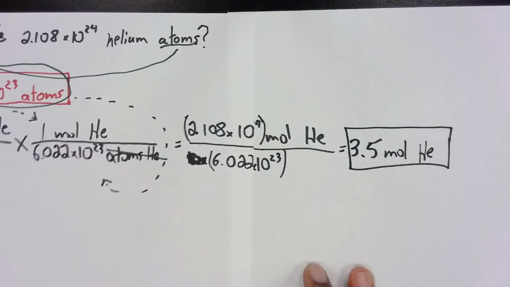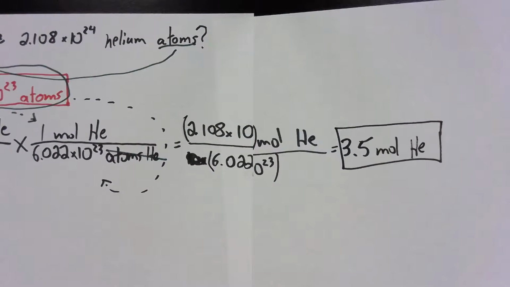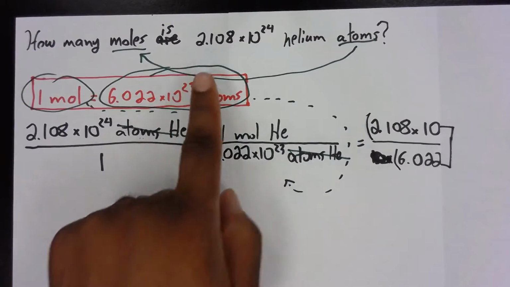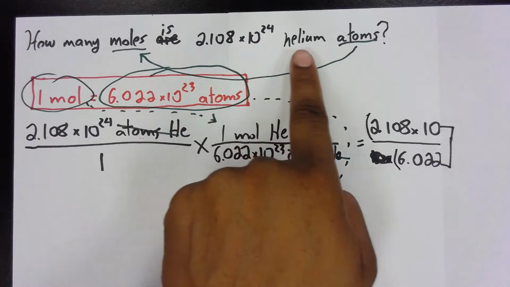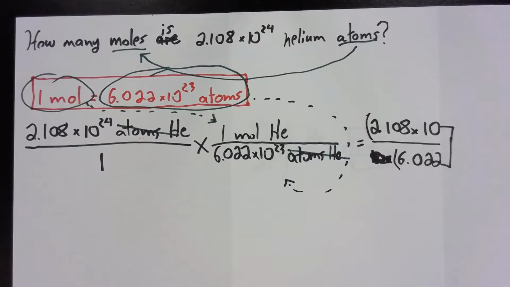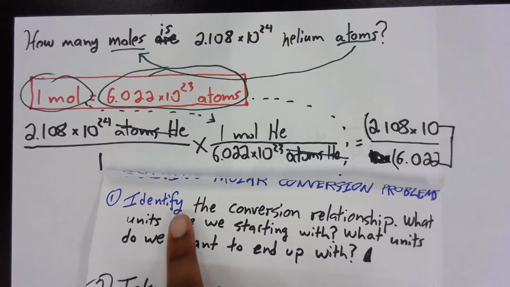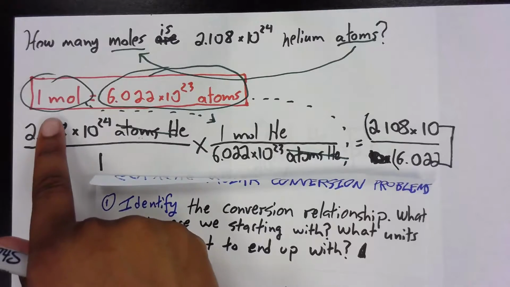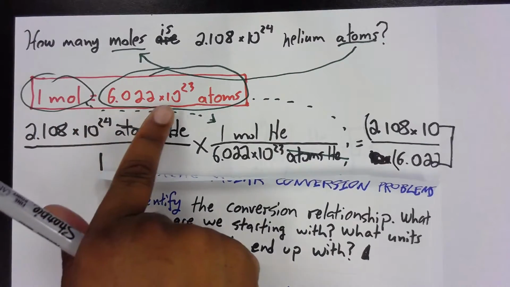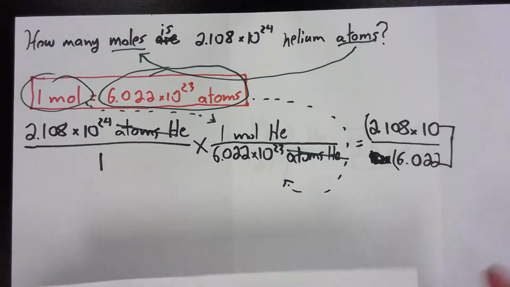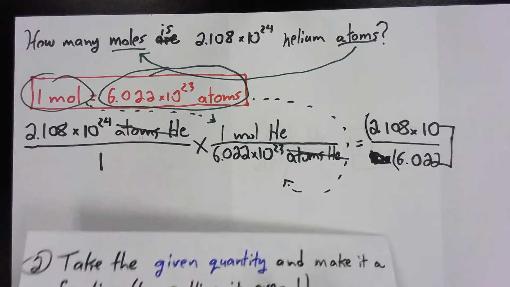So just to recap, I asked how many moles is 2.108 times 10 to the 24th helium atoms. The first thing I did was identify the conversion relationship. I know that 1 mole is equal to 6.022 times 10 to the 23rd atoms. Then I took the given quantity and made it a fraction by putting it over 1.